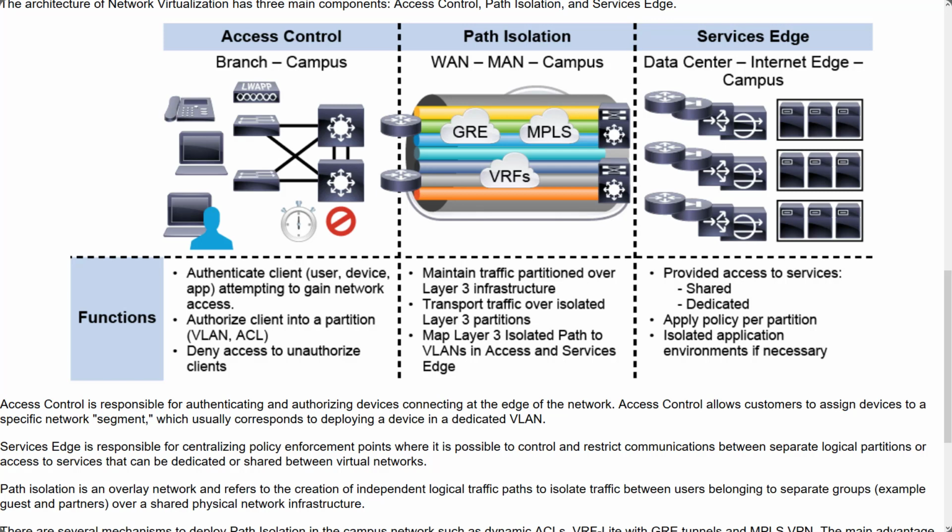However, if you implement something like DMVPN, dynamic multi-point VPN, you have the ability to take advantage of multi-point technology in the case of multi-point GRE to make it a little bit more scalable and so on.